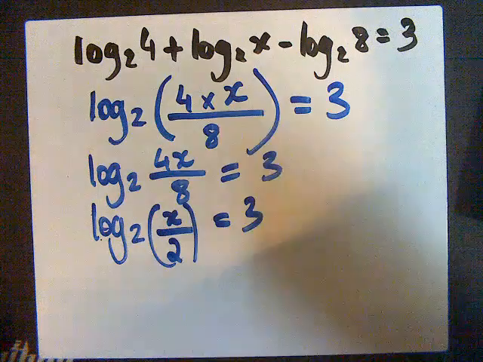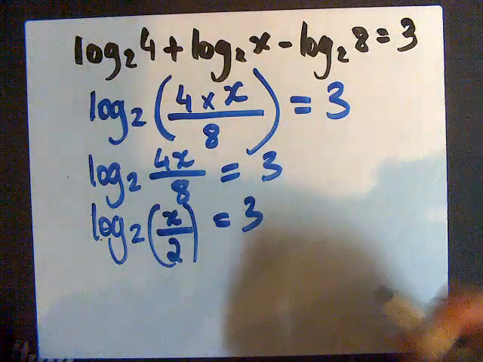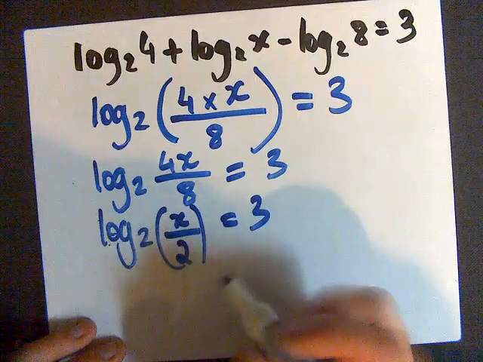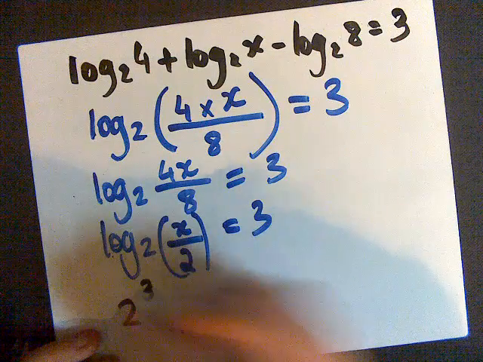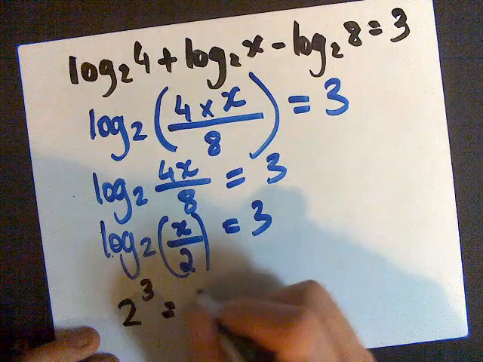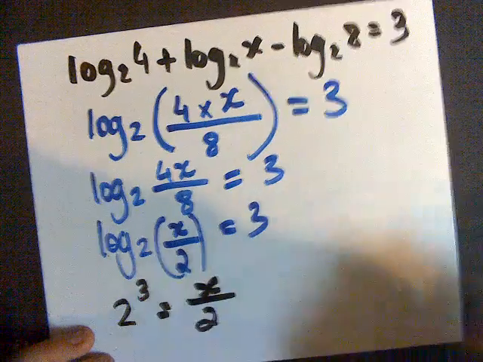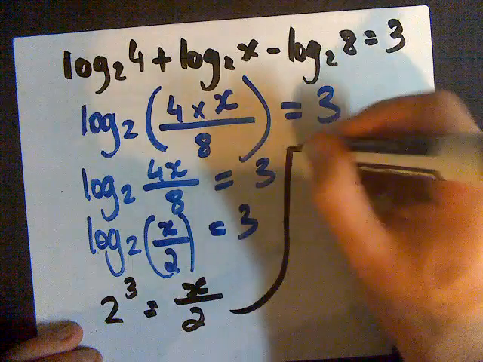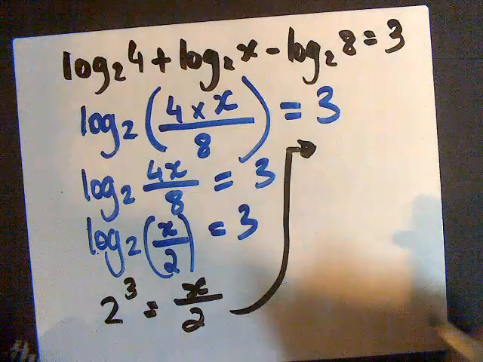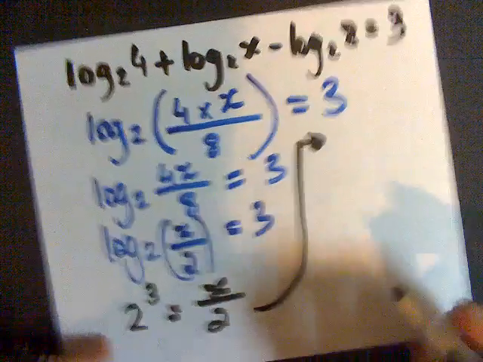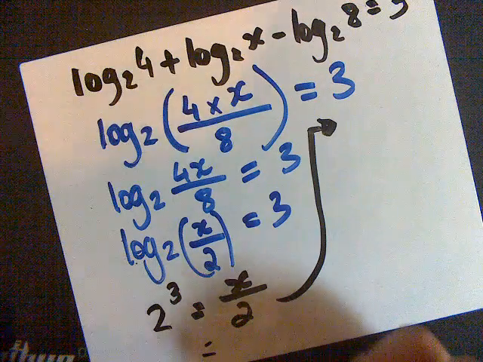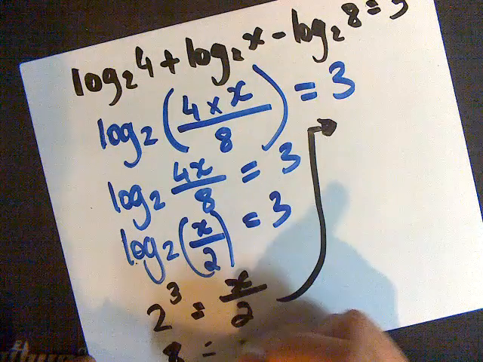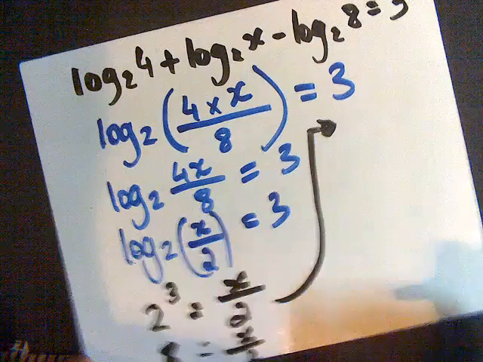So I'm going to rewrite this in my index form. I'm going to take my base 2 to the power of 3, and that equals x on 2. I'm just going to take my equation up here. So 2 to the power of 3. Well, 2 2s are 4, 2 4s are 8, and that's x on 2.